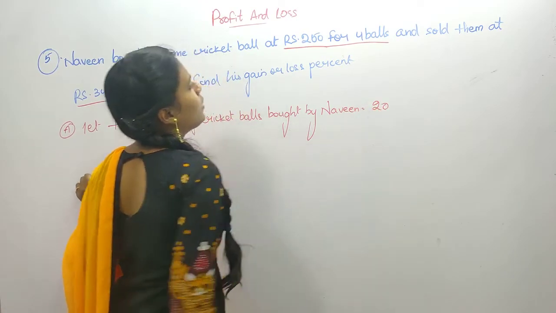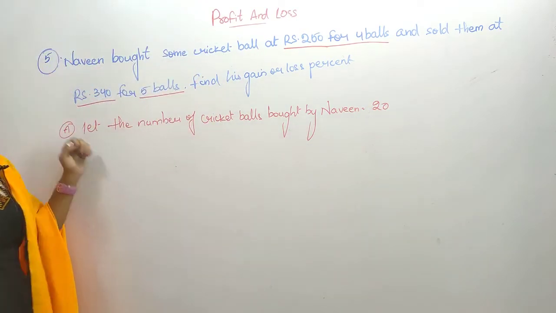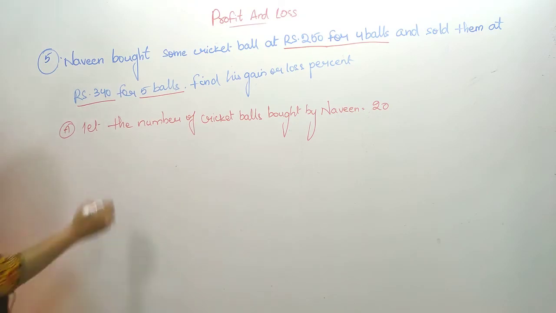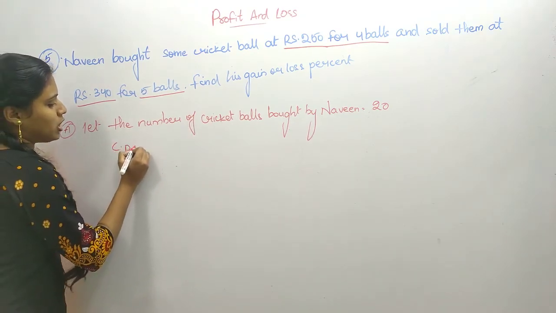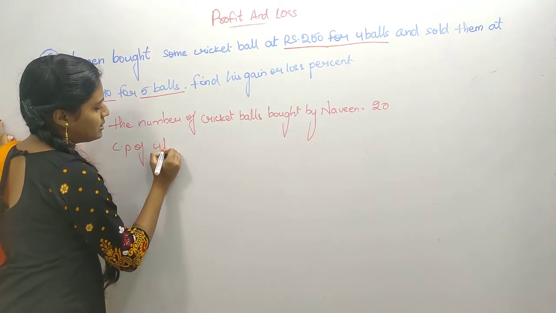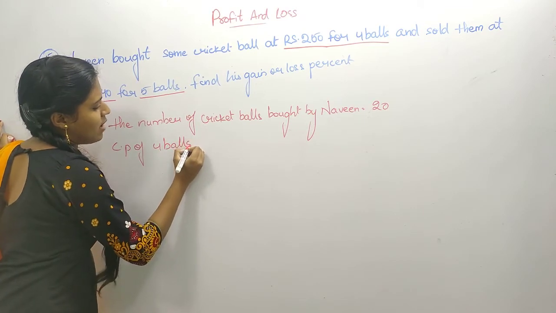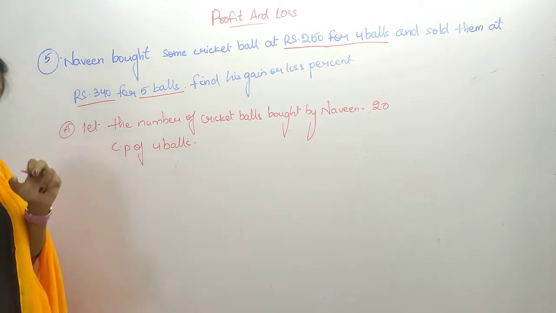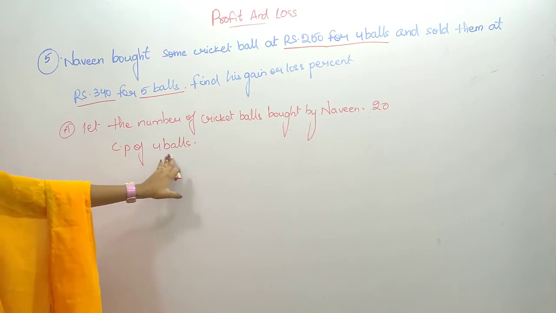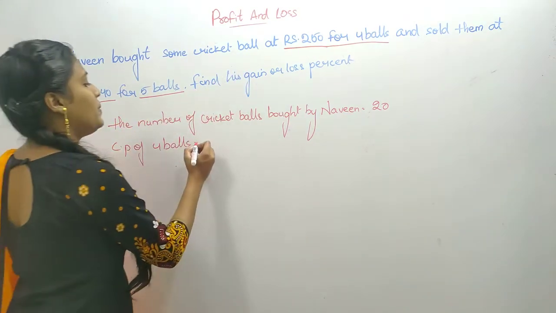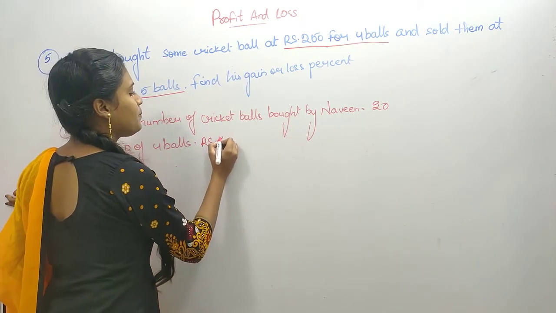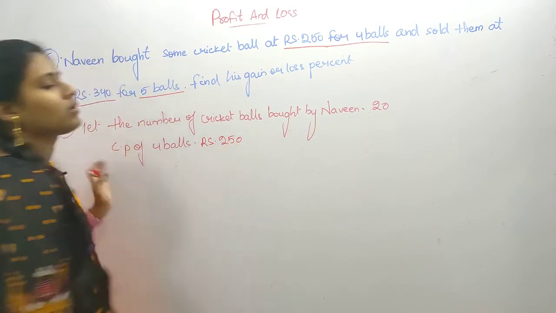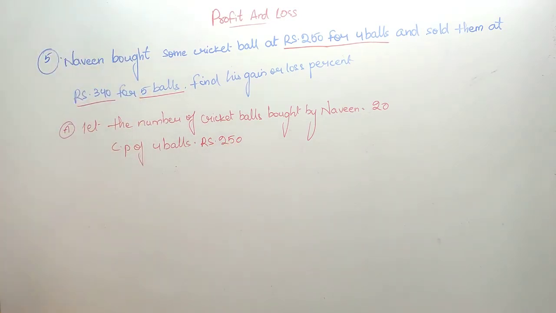We'll think of it as 20 balls he bought. Then cost price of 4 balls, how much? We have to find the cost price of one ball. Cost price of 4 balls, how much? It is given in the question, rupees 250.